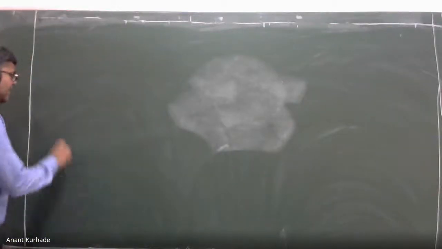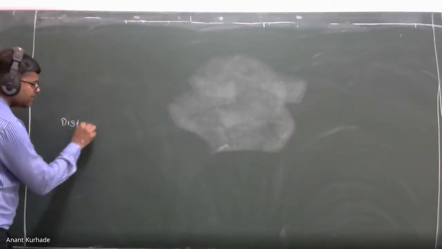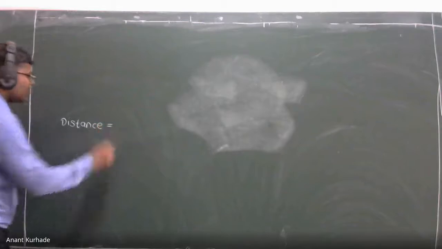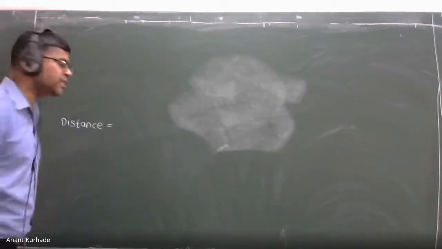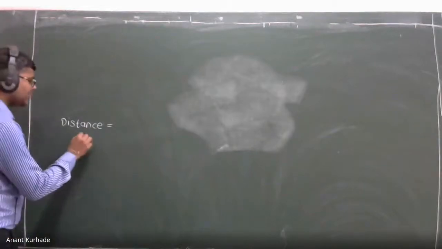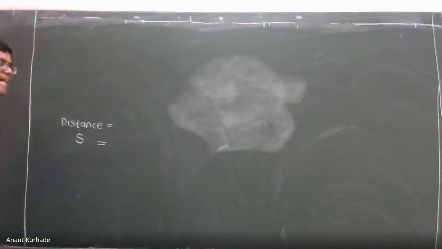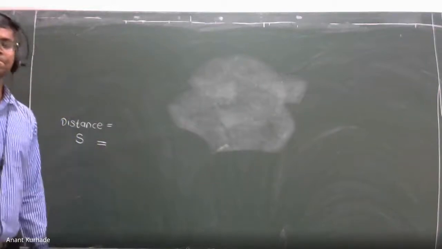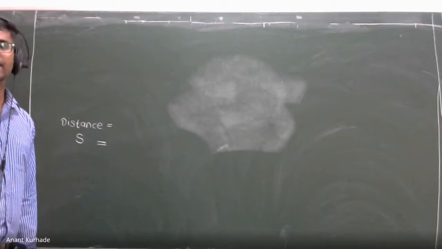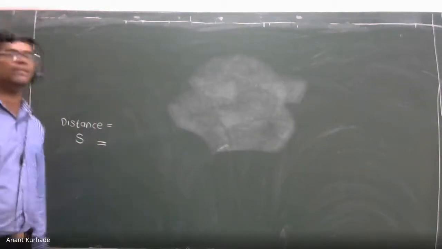So, can anyone tell me what is the formula of distance in terms of time and velocity? Distance, or we can say S, is equal to, any idea? We have studied this in 12th standard. If you don't know, then you cannot solve this problem.